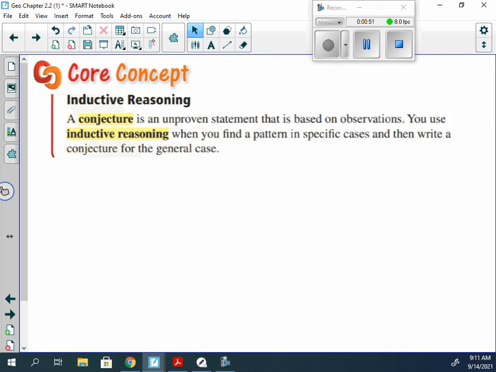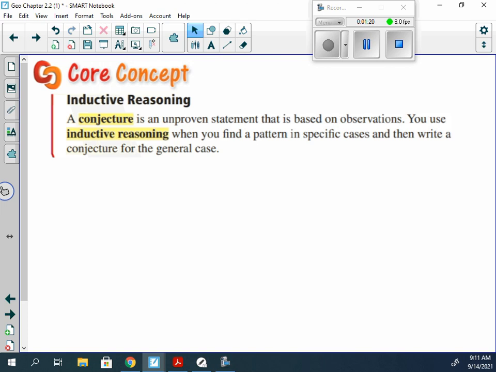So first it says a conjecture is an unproven statement. And inductive reasoning is when we find a what? Pattern in a specific case and then write a general case. So really, inductive reasoning, we're looking for a what? Pattern. We're looking for a pattern and then writing a case or a statement, a conjecture based off that pattern.